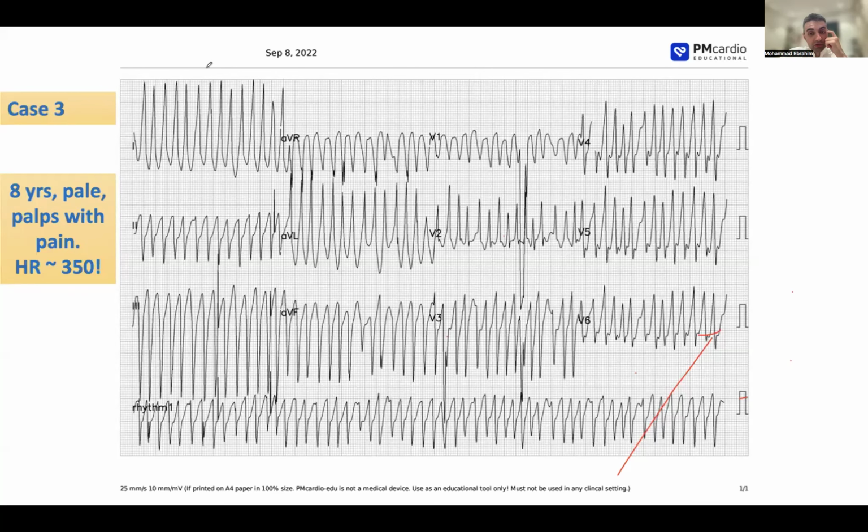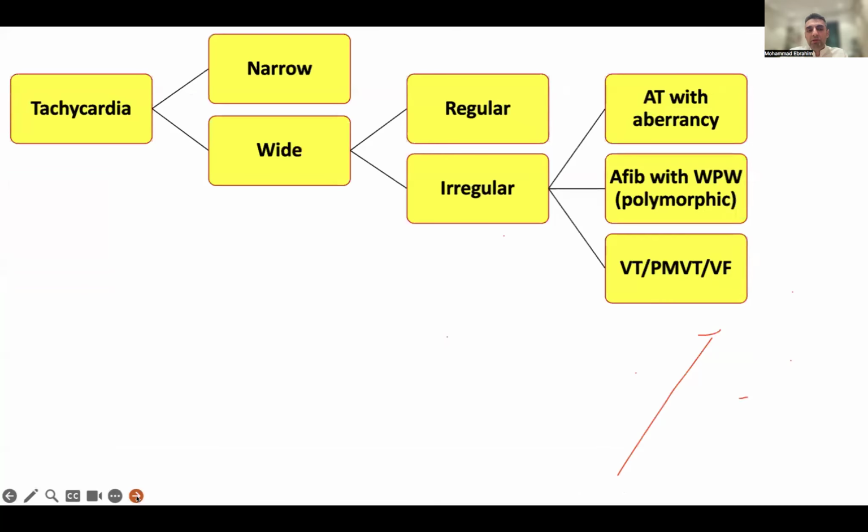But your differential should include pre-excited atrial fibrillation, and I think someone had mentioned this. This is how I think of wide complex tachycardias. Wide complex tachycardias could be irregular. In this case, it's irregular. So VT, polymorphic VT, VF is obviously your main differential, especially in adults.